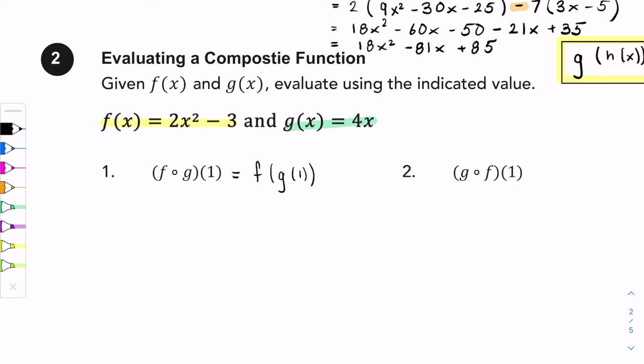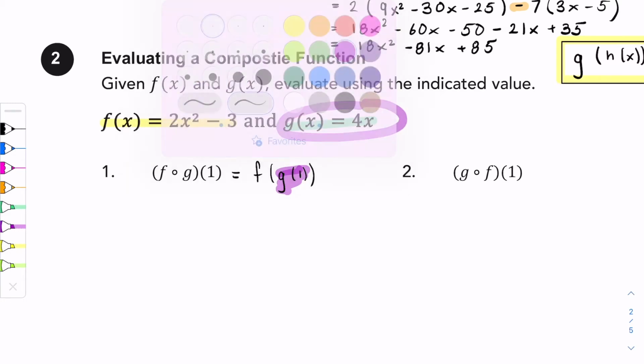So I like to do these in a couple of steps. First, I'm going to evaluate g of 1 right here. That means I'm going to take this function and evaluate it at the x value of 1.